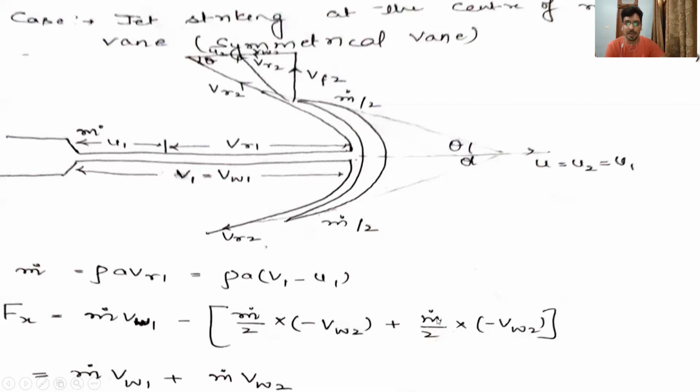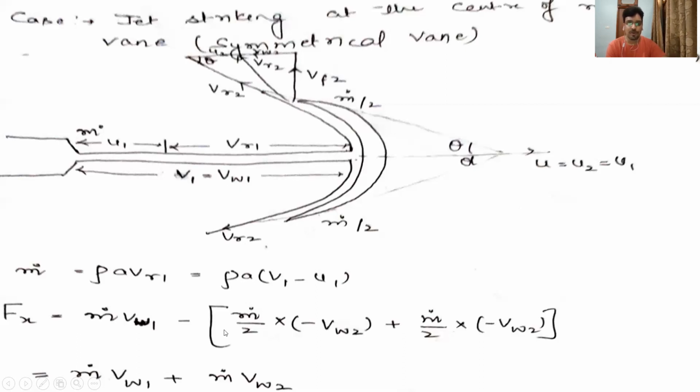Plus m dot by 2 into minus VW2, because this diagram will also be similar for this point, because this is the outlet velocity triangle. So this triangle will also be here in the same direction. So VW2 is in this direction, opposite to the direction of the jet, and VW2 is also here opposite to the direction of the jet. So here this is minus VW2 minus VW2, because it is in the opposite direction with respect to this VW1.